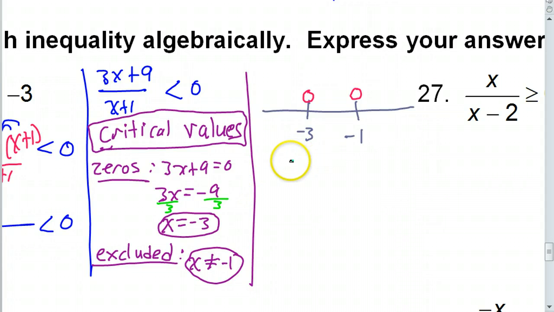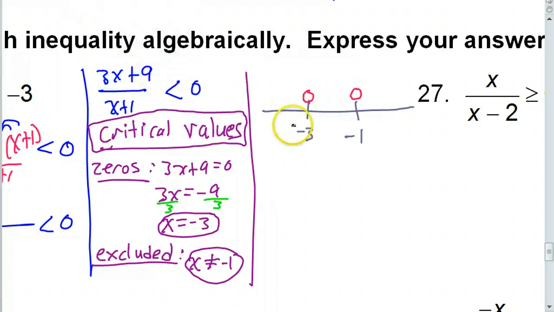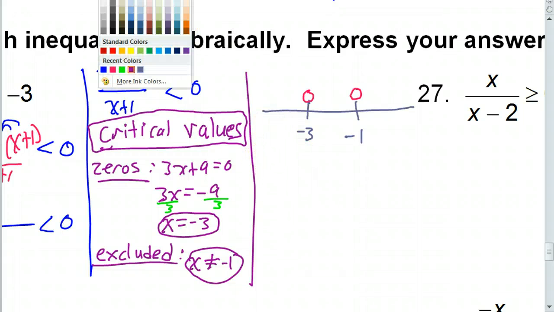Now, we can either use test values, or we can go to the graphing calculator and take a look at that. I'm going to go ahead and use test values this time. So for my test values, I have these 3 zones. I think I'll make my little chart.